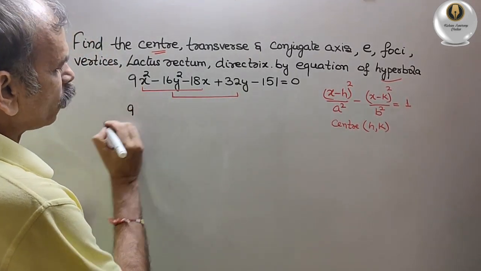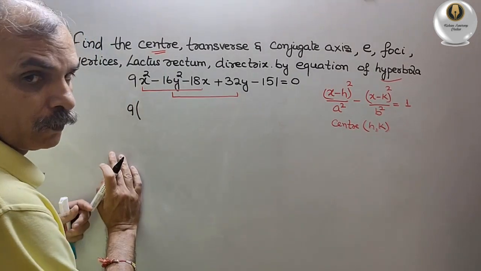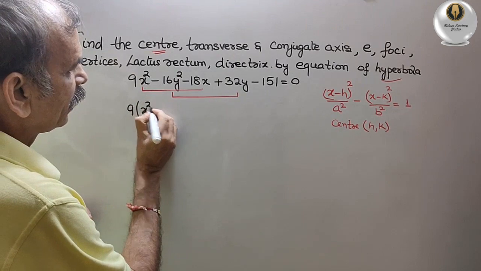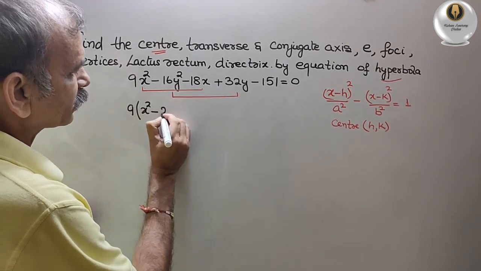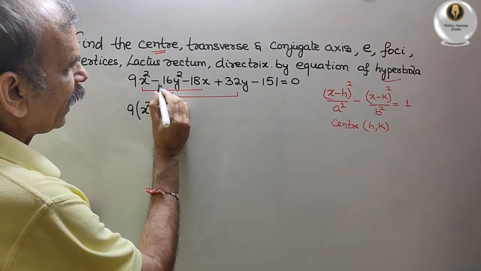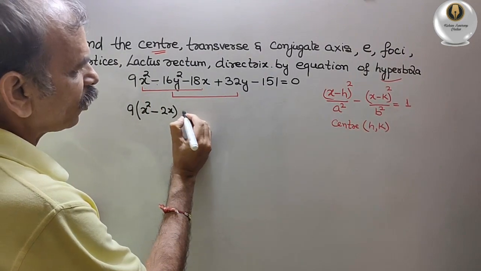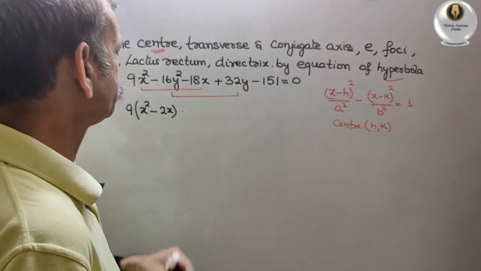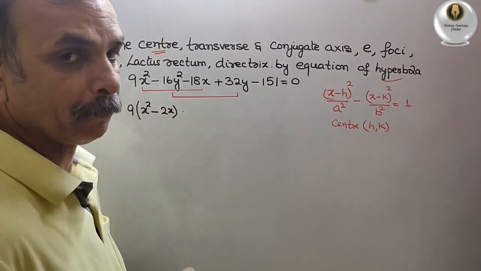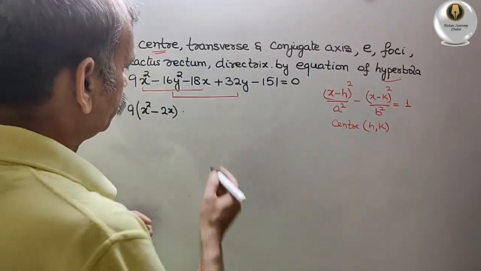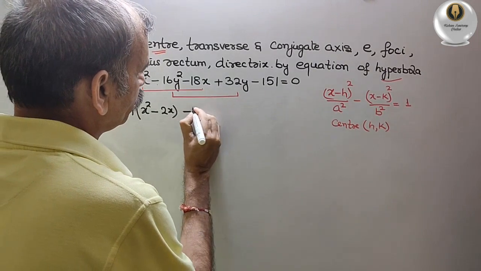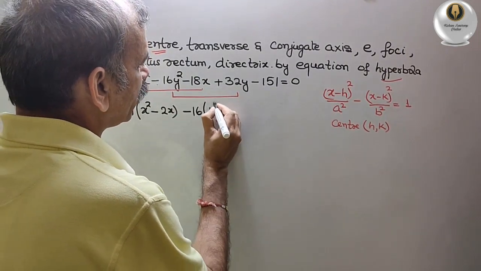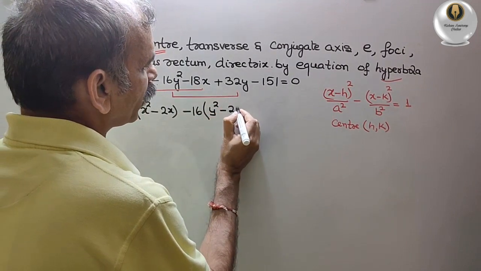So we get 9 times (x square minus 2x), and minus 16 is common, so we get y square minus 2y.